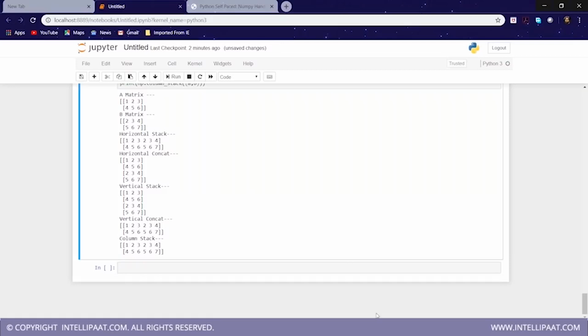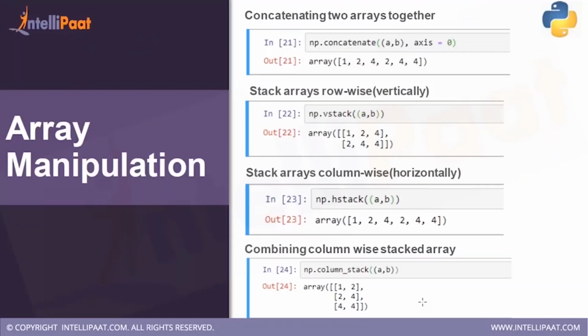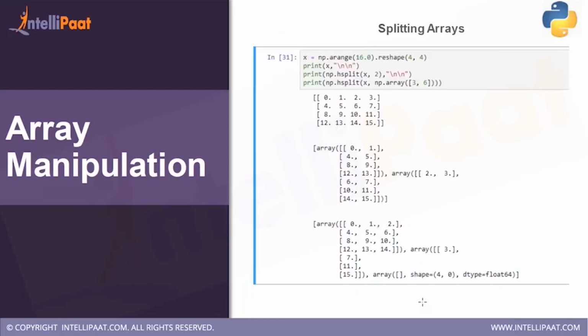That is the column stacking, that is how it works. It is not much used, the column stack function. So we generally use hstack and vstack a lot, not the other ones.